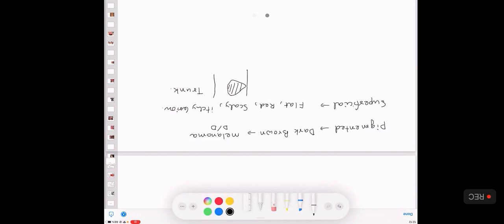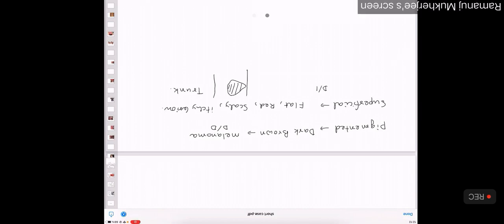Can you name any other condition in dermatology which is also flat, red, scaly, itchy? Come on, guys. Exactly, psoriasis. Psoriasis exactly resembles that. So please remember that psoriasis looks exactly like this type.